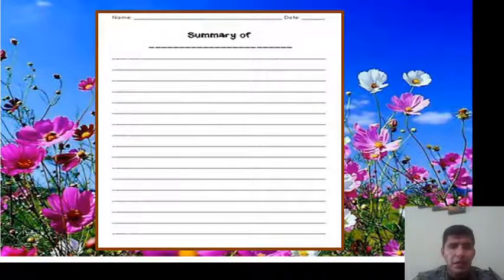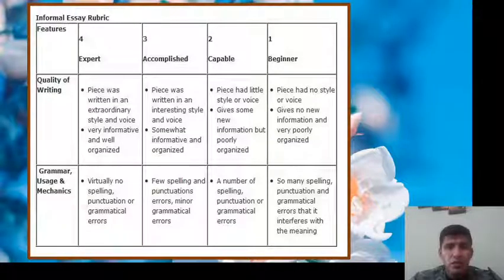This is the type of rubric that I will take into account when grading. Here we have the same format as the other rubric that I used before. Number 4 means expert. In this case, I have two features: quality of writing and grammar usage and mechanics. That means the highest score.